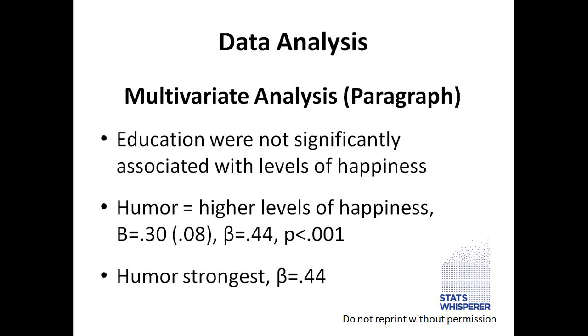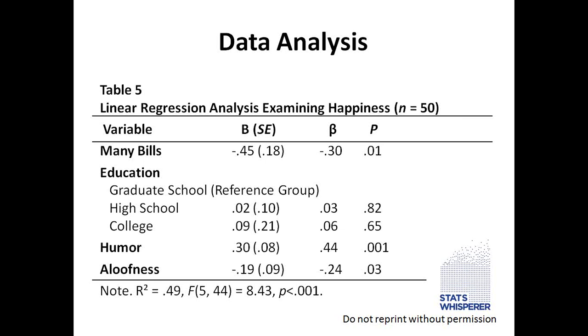And then, you don't see people say it often. It's not normally reported, but we could say that humor was the strongest predictor in our model because it had the highest standardized beta of 0.44. So that answers our research question. If we look at the table, we see what factors are associated with happiness.